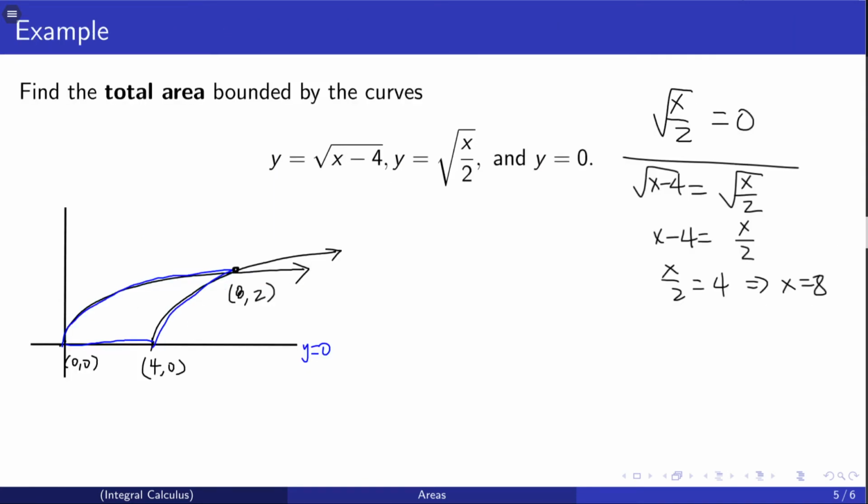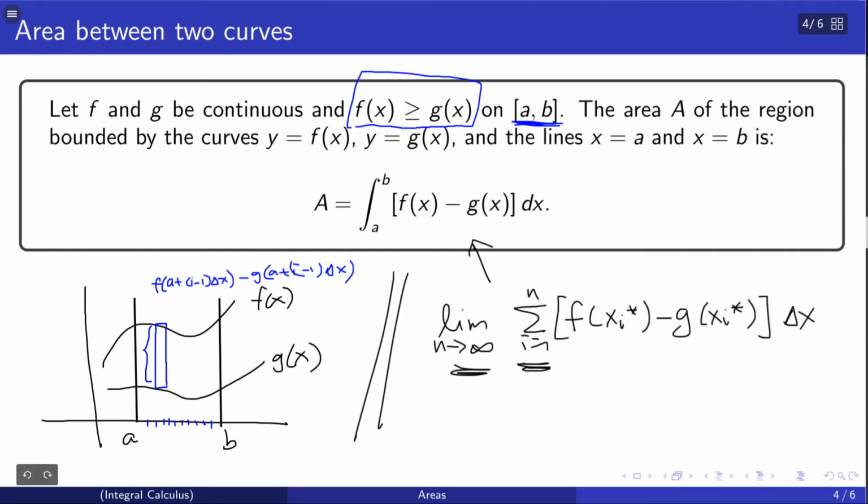In this case, it's not exactly that simple, because the square root of x minus 4, well, it's only actually defined when x is larger than or equal to 4. And so you notice here that in our formula on the previous page where we said if f is larger than or equal to g, then you take the integral of f minus g.